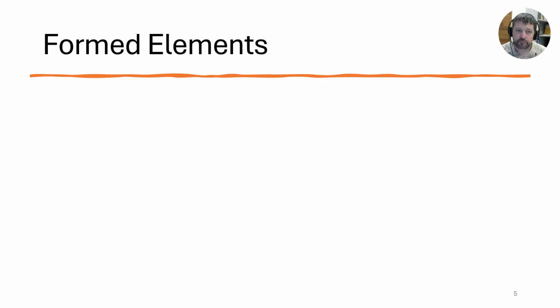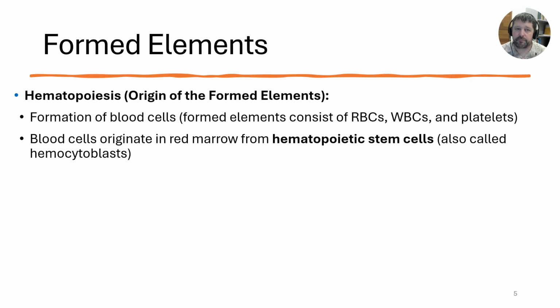Okay, so the formed elements, how are they formed? Well, that process is called hematopoiesis. Hematopoiesis is the generation of hematopoietic stem cells. These hematopoietic stem cells are also called hemocytoblasts.